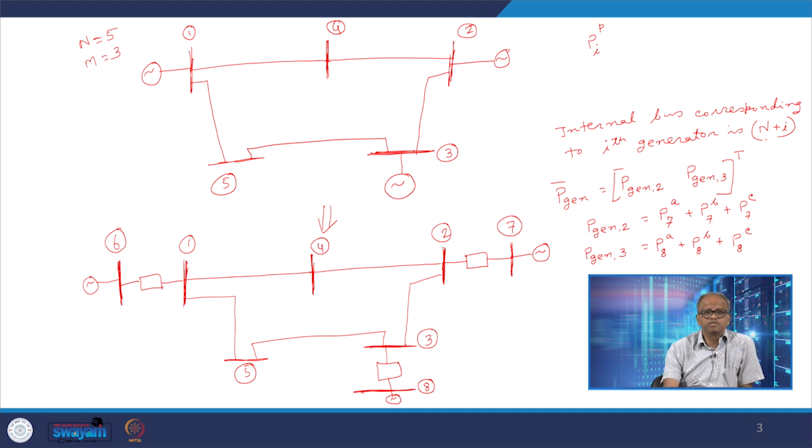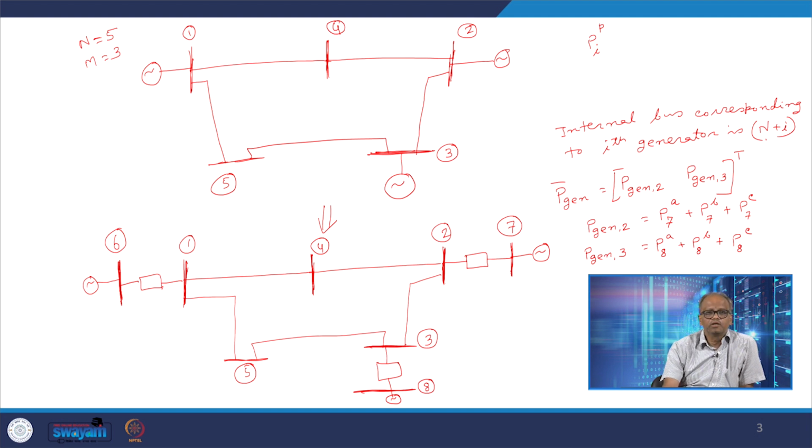Only the elements of the bus admittance matrix corresponding to buses 7 and 2 will exist. So Y71 ABC would be 0, Y76, Y78, Y73, Y74 and Y75 ABC would all be 0 only.